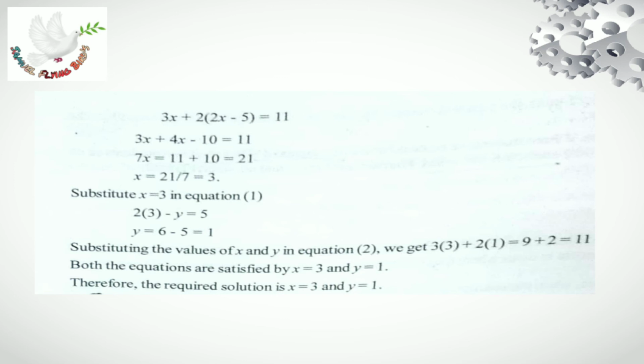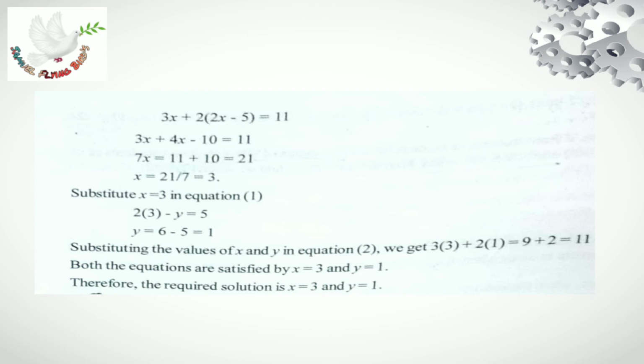Both the equations are satisfied by x equal to 3 and y equal to 1. We have checked by substituting in the equations. By this we can notice that the values of x and y are correct.